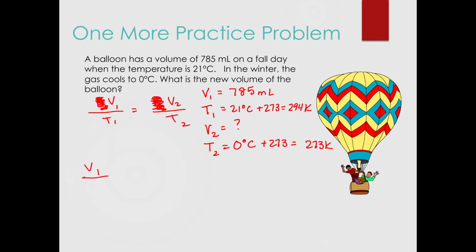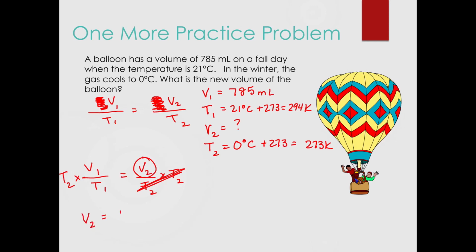So again, we have V1 over T1 equals V2 over T2, and we're trying to solve for V2. So we need to get V2 by itself, so we'll multiply T2 by both sides, or you can cross multiply like we did earlier. When we multiply T2 by both sides, that gets rid of T2 on this side, and V2 is by itself. I'm going to go ahead and flip it just because I like to look at my variables on the left.